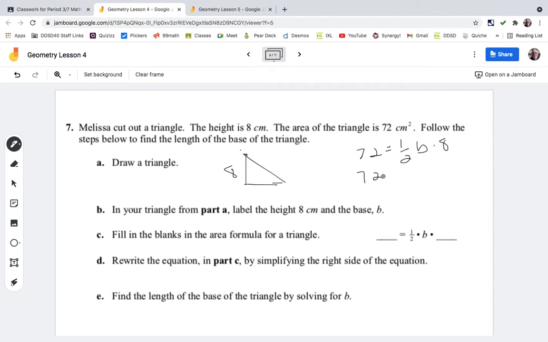So 72 equals 1/2 of 8 is 4, 4 times the base. Divide both sides by 4, and the base is equal to 18 centimeters. And that unit is in centimeters.